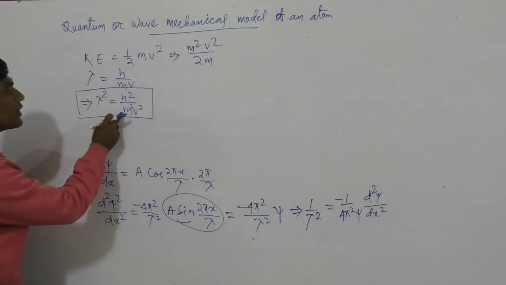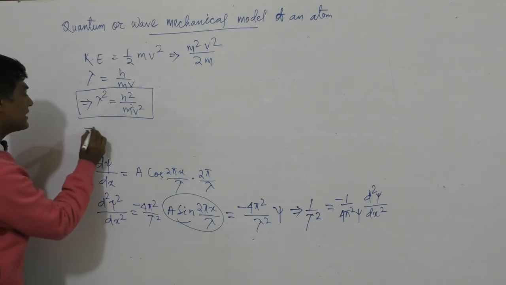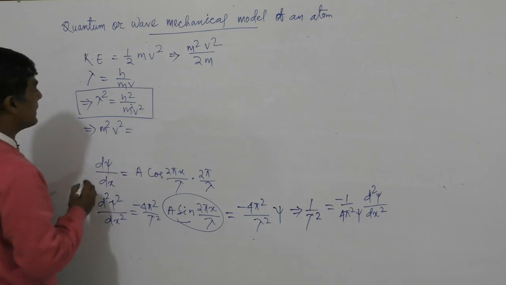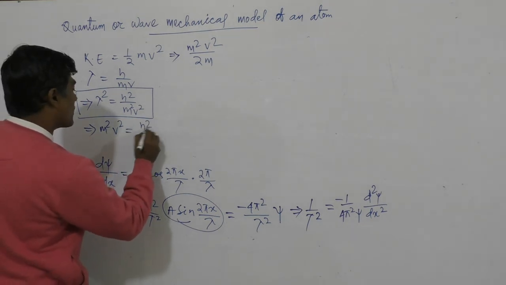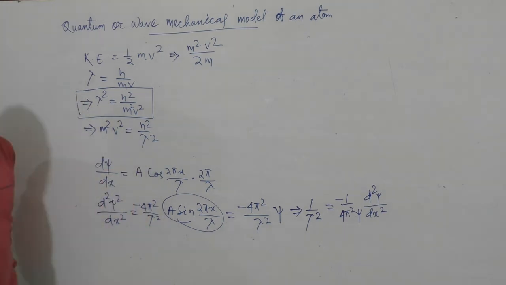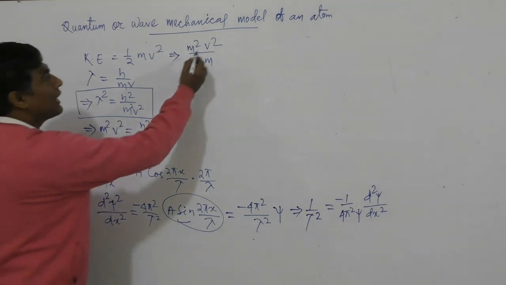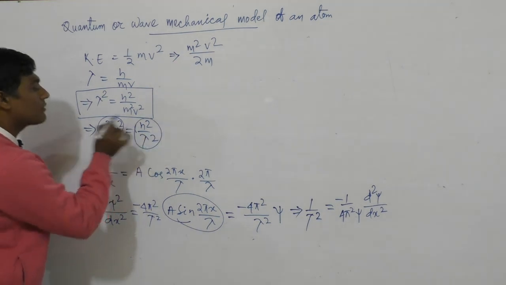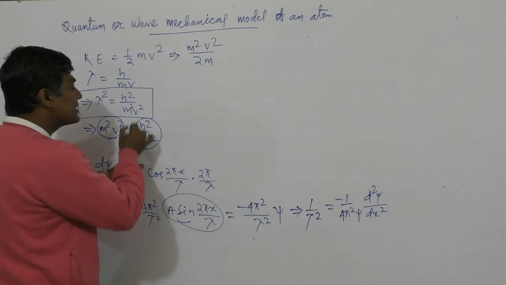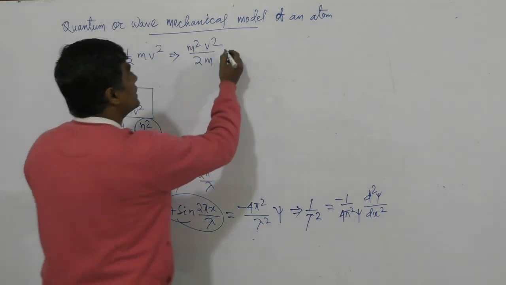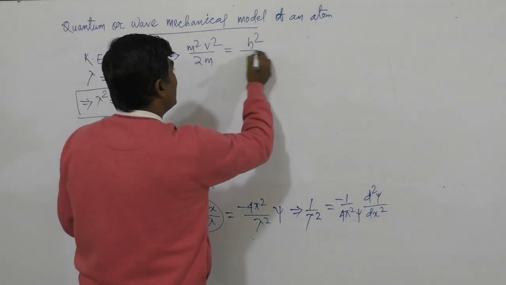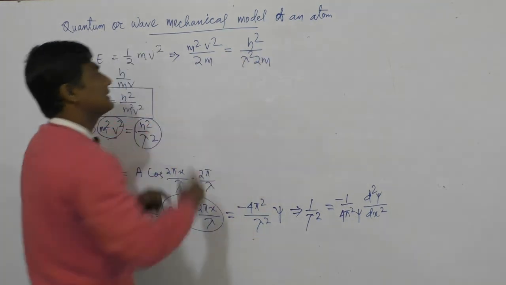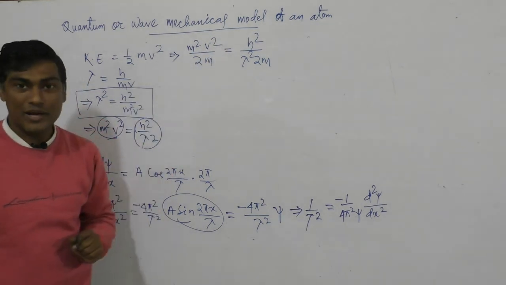Here m square v square is nothing but h square by lambda square. So let us put this h square by lambda square here. So it will be h square by lambda square 2m.